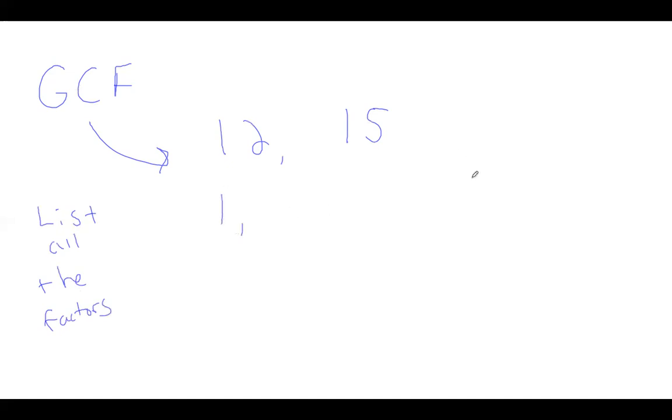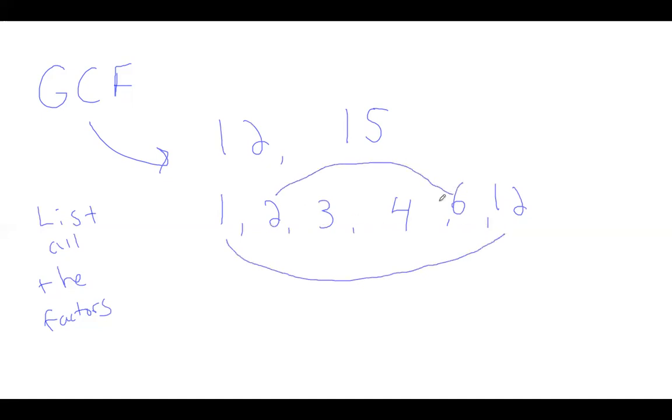So 1 and 12 are factors of 12, 2 and 6, 3 and 4 are factors of 12. I always work from outside to the inside because I think, okay, 1 times 12 is 12, 2 times 6 is 12, 3 times 4 is 12. So I kind of have them paired together, right?